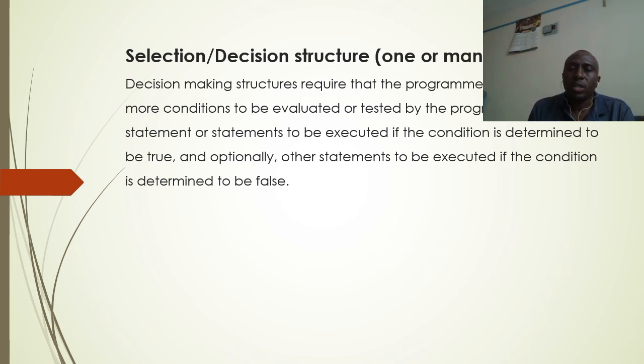A decision-making structure requires that the programmer specifies one or more conditions to be evaluated or tested by the program, along with the statement or statements to be executed if the condition is determined to be true, and optionally, other statements to be executed if the condition is determined to be false. Now, let us check on how we can do that. In this, we'll use the if statement and the switch statement.